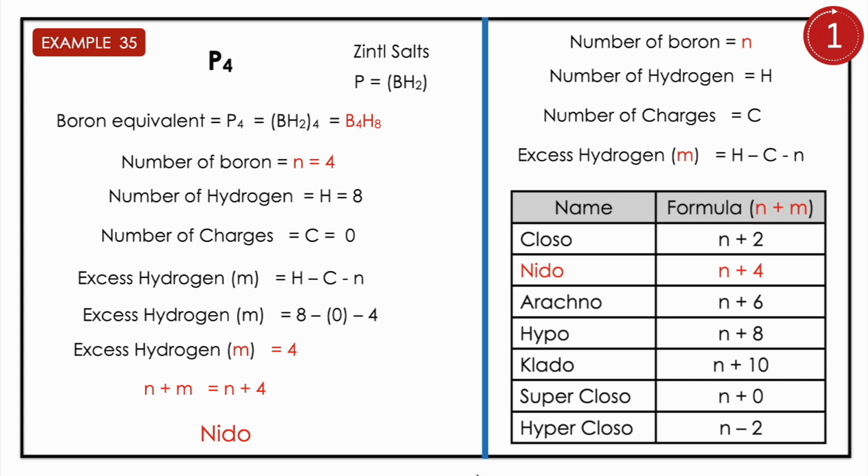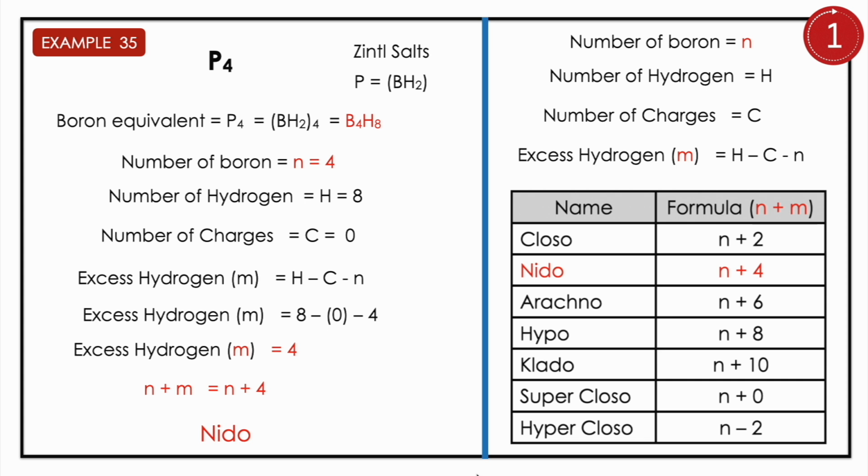We should write the boron equivalent to apply Wade's rule. Here phosphorus is given. It is in the nitrogen series. It is a 3 plus 2 structure, meaning BH2 equivalent. So for phosphorus we should write BH2. So the formula becomes BH2 4 times. If you rewrite it, it becomes B4H8.